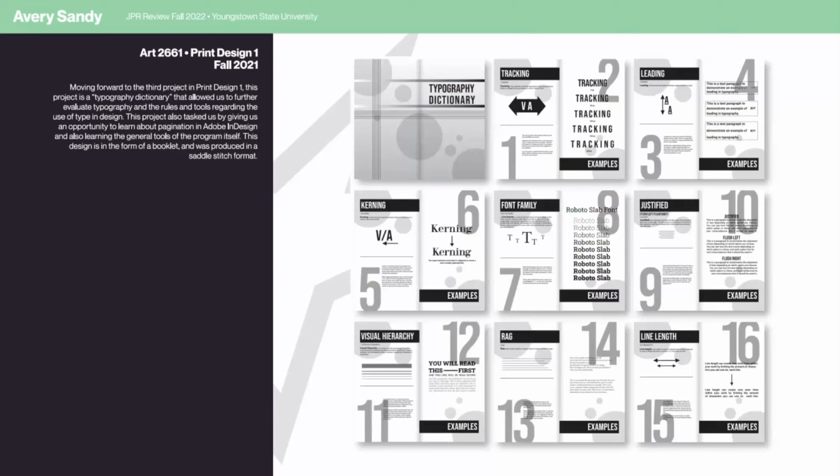So you could see this, I did things like tracking, kerning, and font family, and this not only familiarized us with creating booklets in InDesign and pagination, things like that, but it also really prepared us for future classes by making us overall more familiar with the rules of typography and just so we can really get a feel for how to use it correctly and have it really elevate our designs.